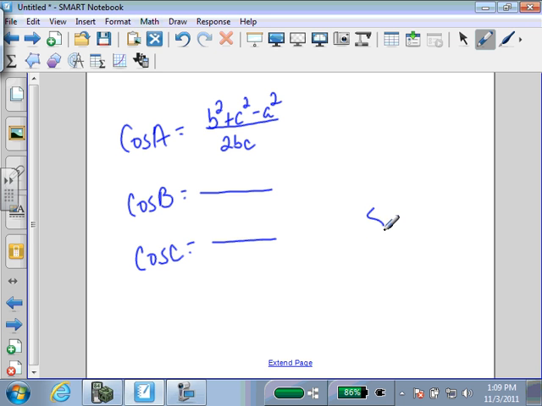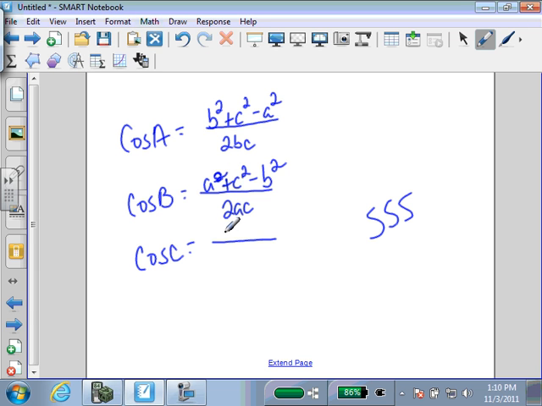So if you were in the side, side, side case and you needed angles, the cosine of angle A is b squared plus c squared minus a squared over 2bc. The cosine of angle B is a squared plus c squared minus b squared over 2ac.